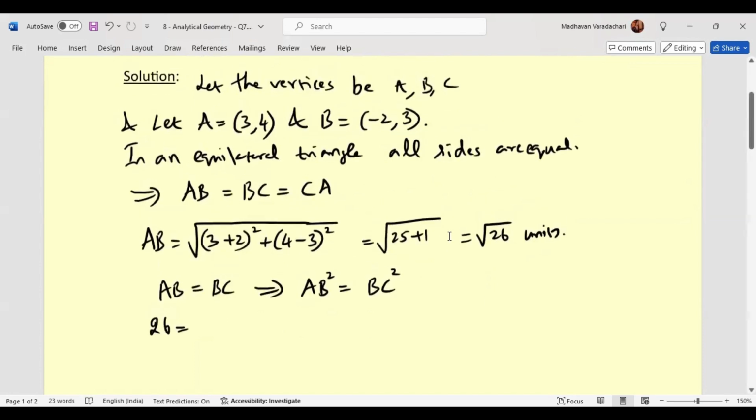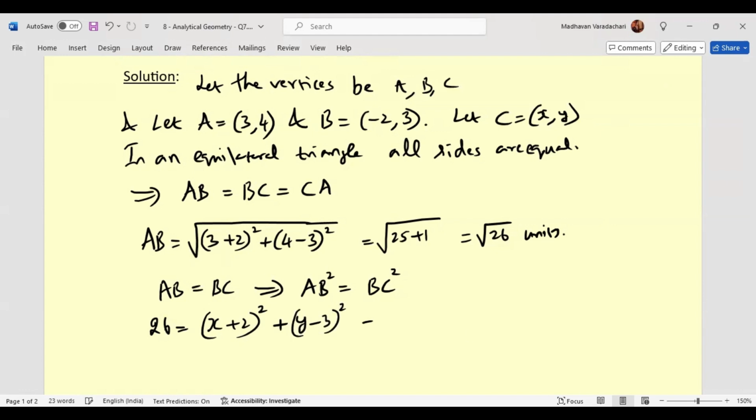So let us consider this C as (x, y). So BC square means x minus or -2, it becomes x plus 2, the square, plus y minus 3, the square, without square root because already we wrote square here.